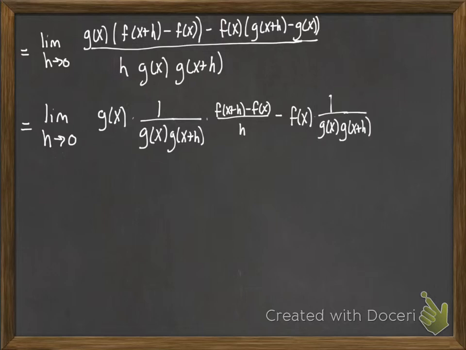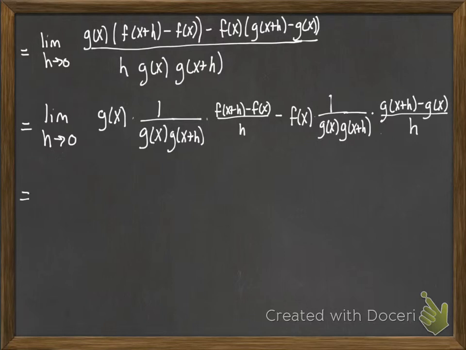And then we're left with only g of x plus h minus g of x over h. And you may want to pause and take a moment to see that that is in fact equal to the stuff that we had above and where everything came from.